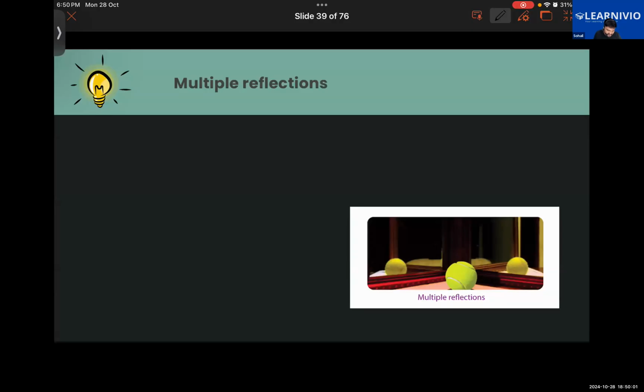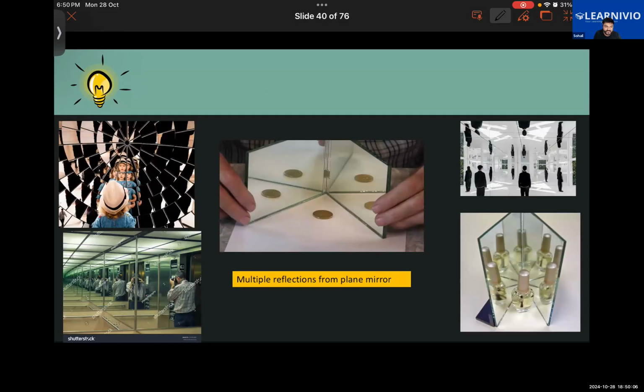Next, we are going to learn about the case of multiple reflections. Many times you might have seen that multiple images are formed if plane mirrors are kept at a certain angle. If you keep changing the angle, the number of images that form will either increase or decrease.